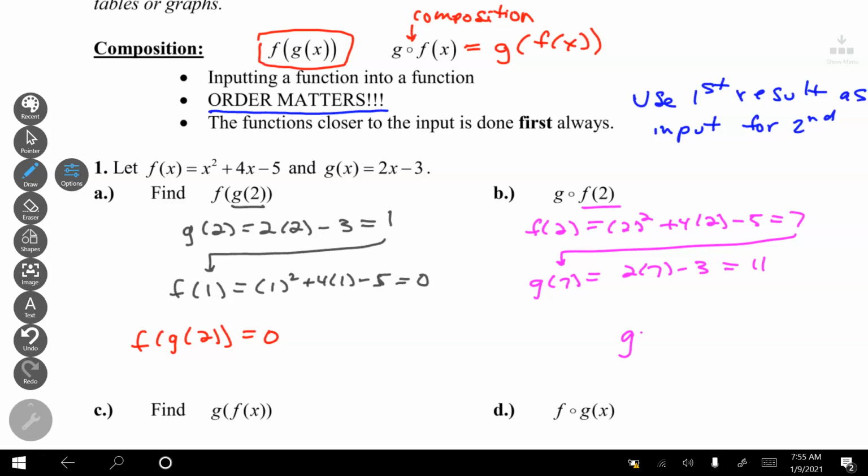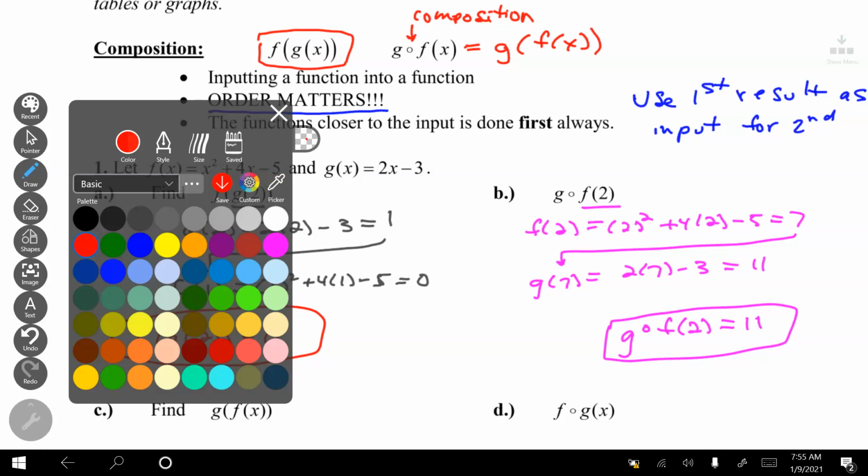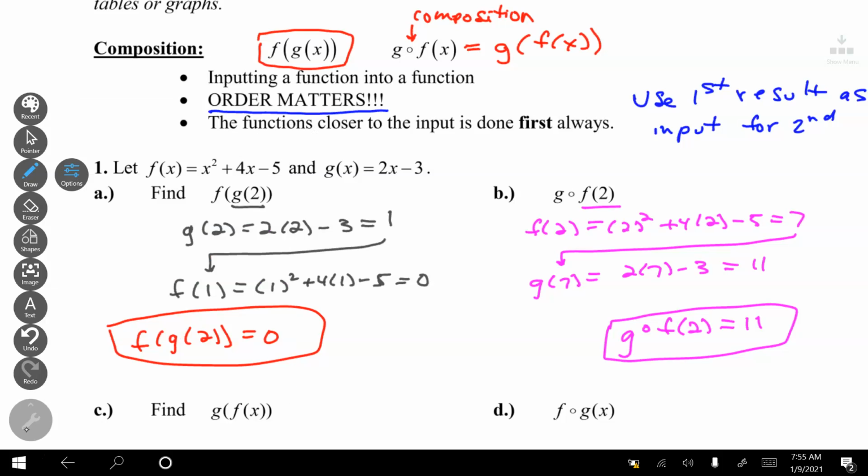Now I have g composite f of 2 is equal to 11. And if you notice very carefully, because order does matter, that f of g of 2 did not equal g of f of 2. Order does matter.